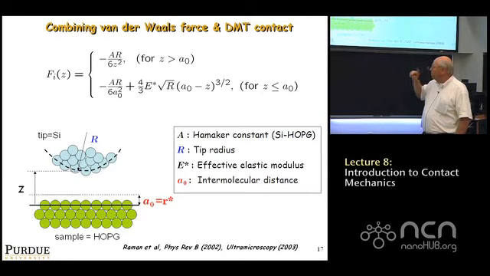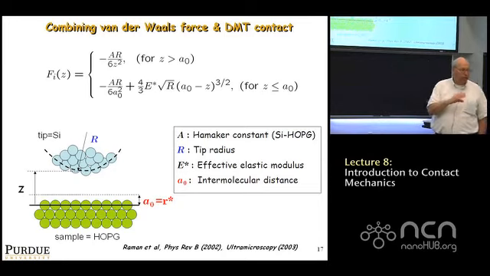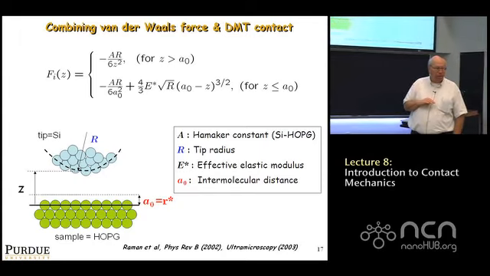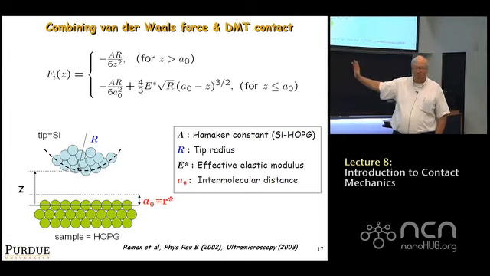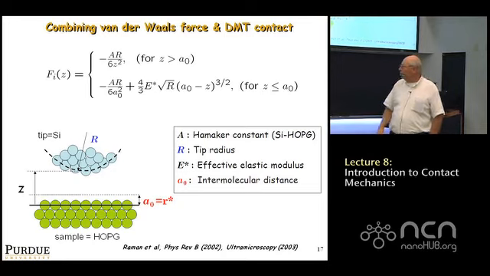If you look in Physical Review B, year 2000, or in Ultramicroscopy 2003, you'll see some very nice experiments modeled by this tip substrate interaction, the DMT model. That's the only reason we refer to this slide: it gives you an example. If you know the contact mechanics model, then you can interpret data, right?